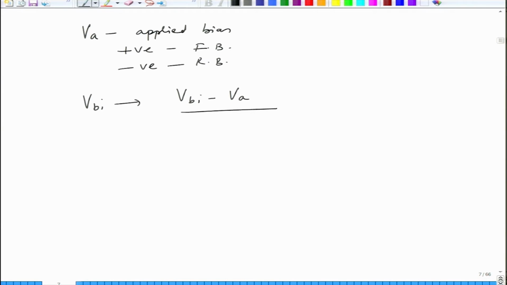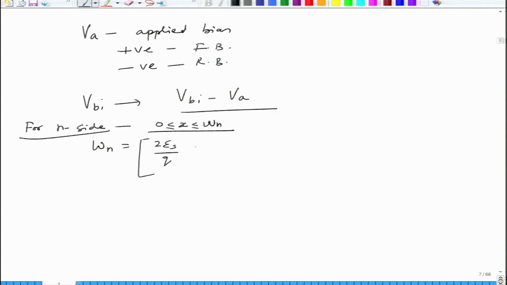For the N depletion region, for x between 0 and Wn, Wn will become the square root of 2 epsilon s divided by q, into VBI minus VA, into Na divided by Nd into Na plus Nd.